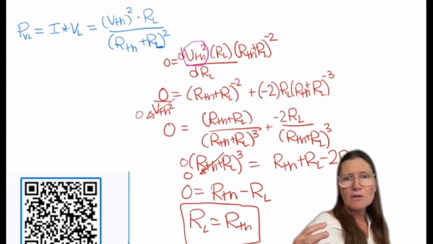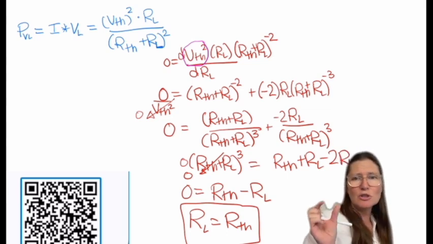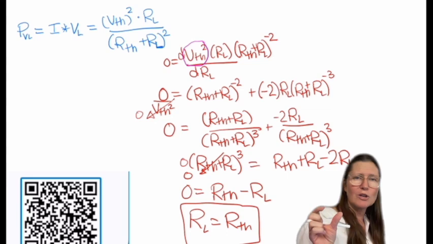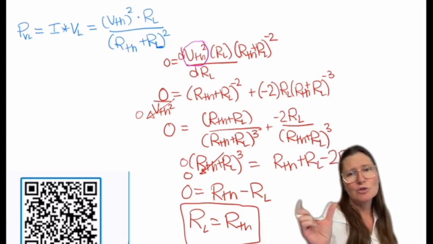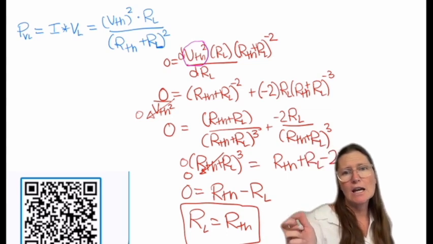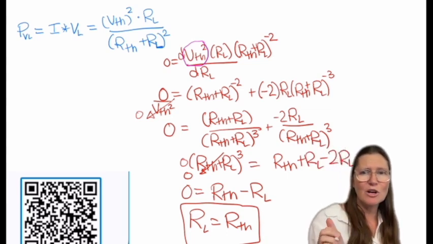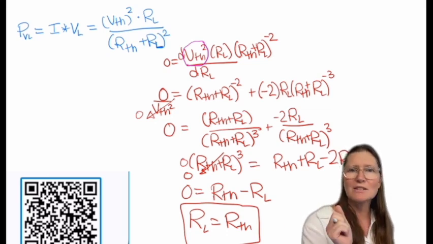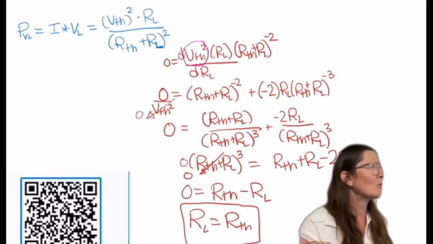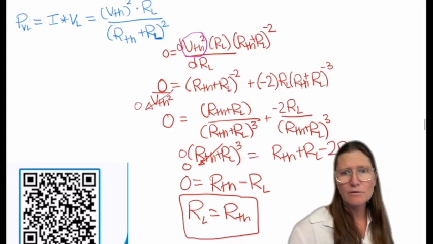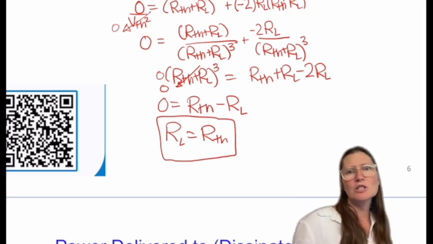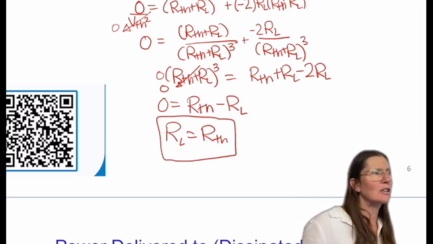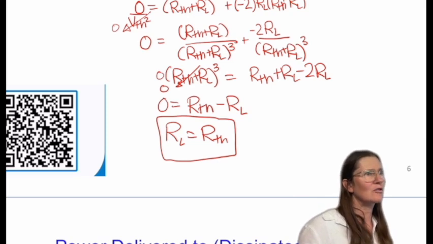Then I combine the first term into a common denominator of RTH plus RL cubed. I can add those two together, and then take that RTH plus RL cubed and multiply it by the 0, which is still 0. So then I have RTH plus RL minus 2RL, so RTH minus RL, and so RL equals RTH.